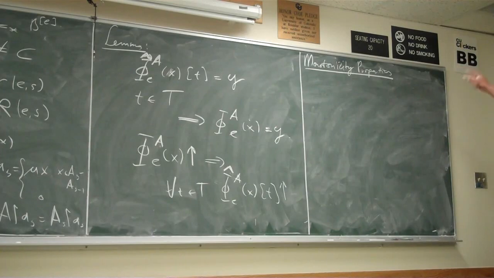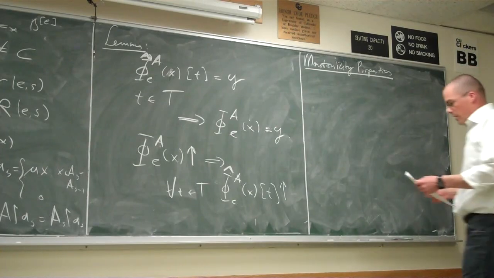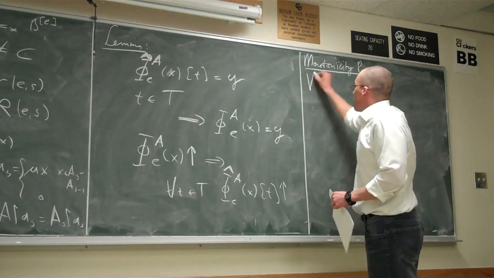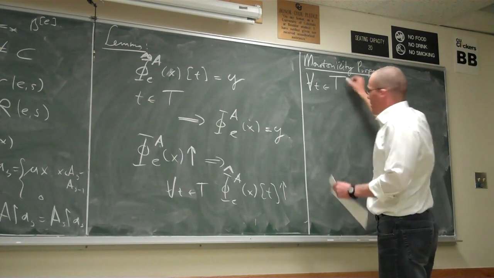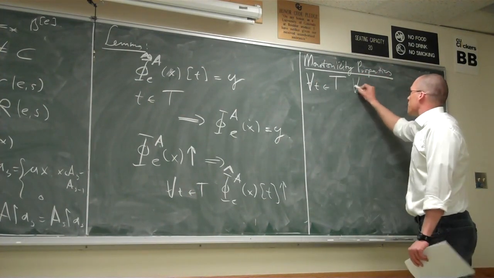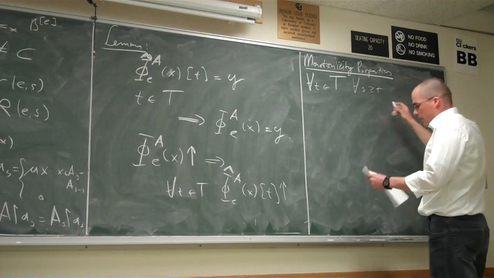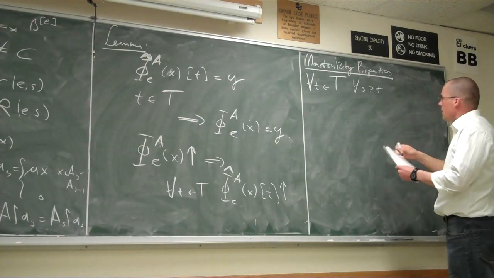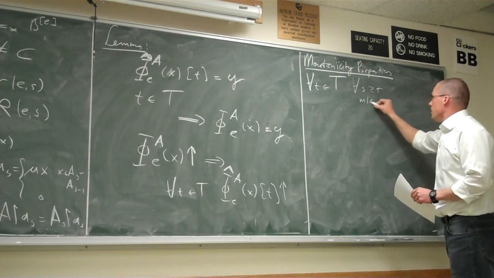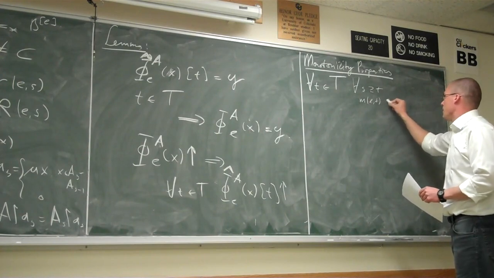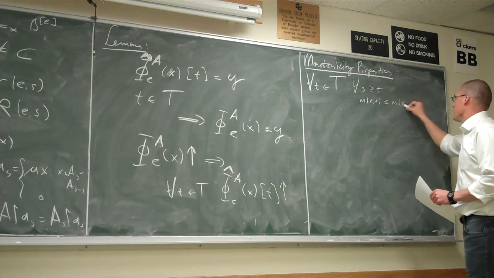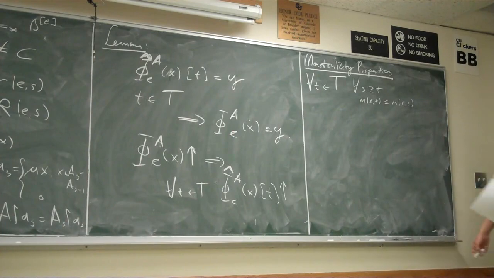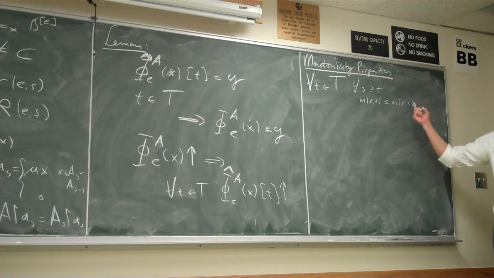And the monotonicity properties are the ones that give us some handle on this. So it is the case that for every true stage and for every s that comes later, the length of agreement at the true stage is less than or equal to the maximum modified length of agreement at any later stage.